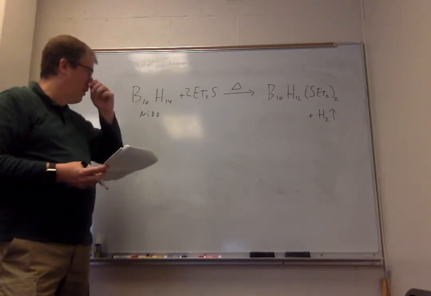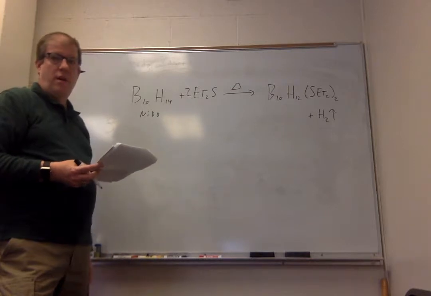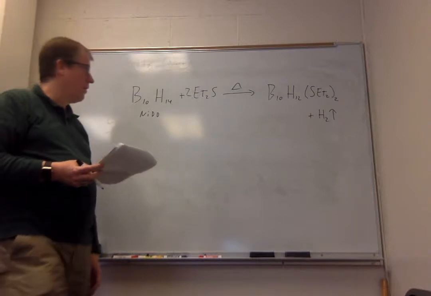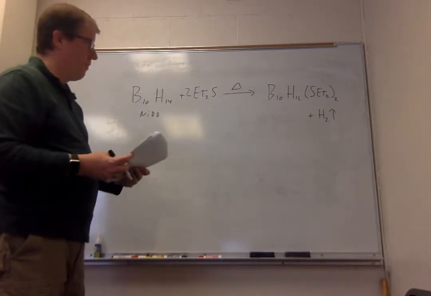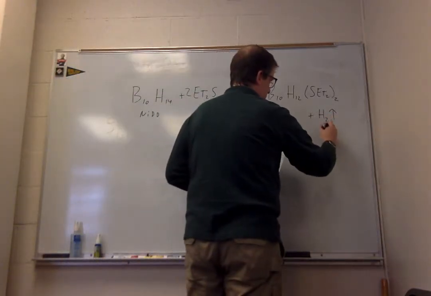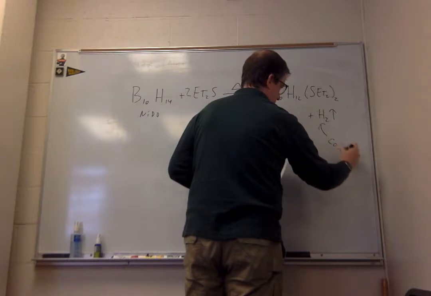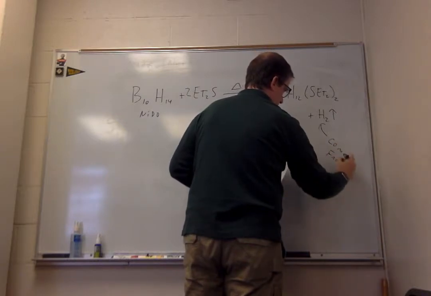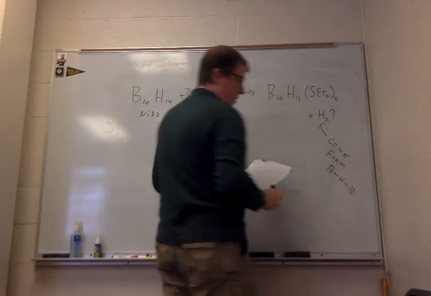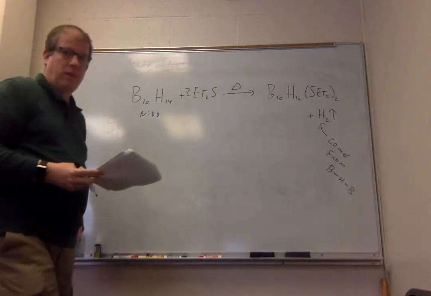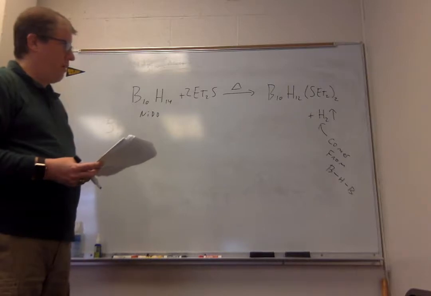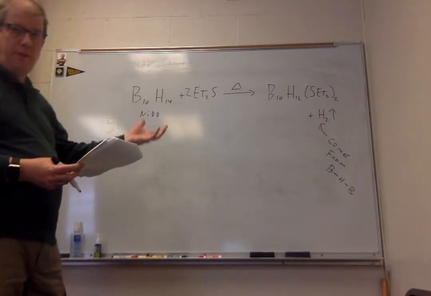So that's why we start with a nido cluster. The closo-hole clusters are pretty much inert. And so that's the impetus for using this type of starting material for it. And so this comes from bridging hydrogens. And so it turns out when that happens, though, the electron count is unchanged.